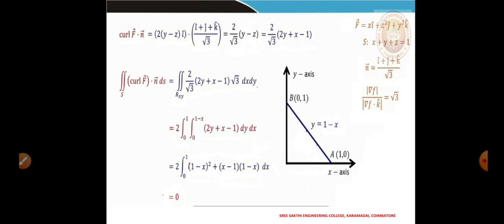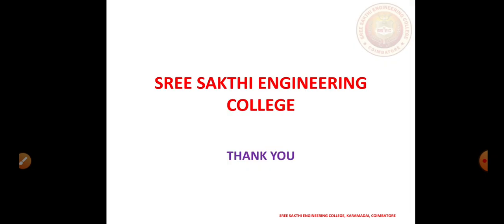And then we see that this actually integrates to 0, so we do not have to integrate for x. So the value is 0. Again we have verified Stokes' theorem by computing the surface integral as well as the area integral. So this is all for the lecture, and I thank you for your attention.